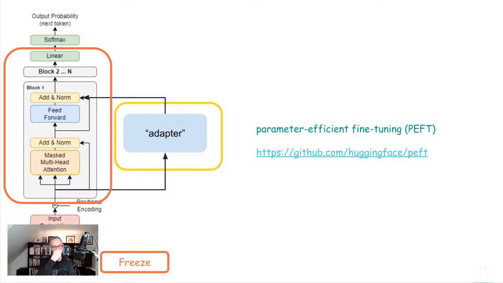I like the word adapter because it fits in with the software definition of the adapter pattern, where we alter the behavior of the model not by changing the underlying weights of the foundation model, but just by adding a very small, easily tunable model to the side and then adding that back to the original model. And so you could control the complexity of that adapter.